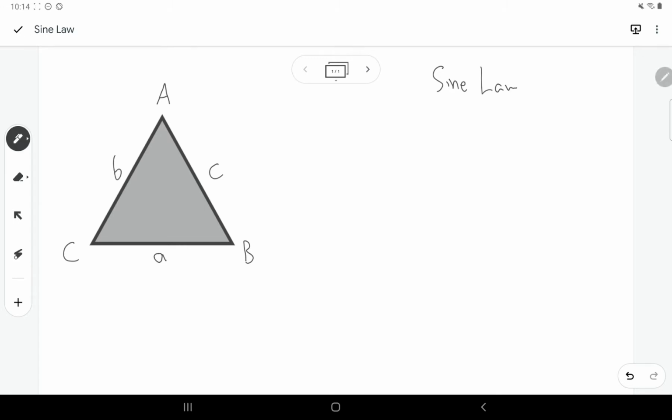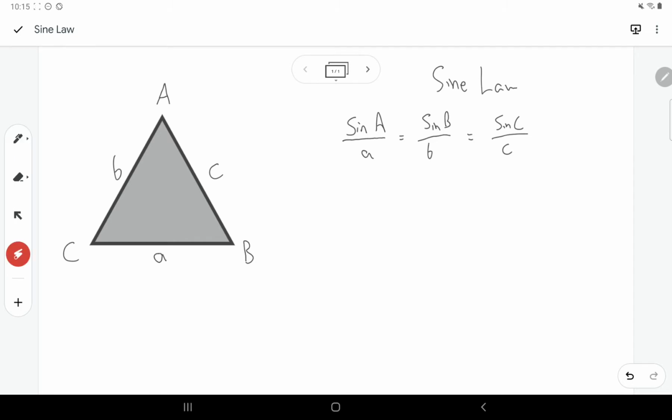Okay, so sine law for missing angles looks like this. It is an equality of ratios such that the sine of big A over little a, so the sine of an angle over its side pair, equals the sine of B over little b, which equals the sine of C over little c.